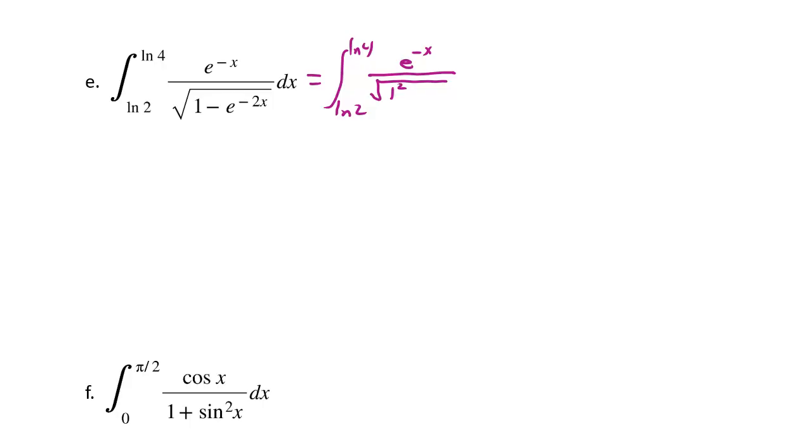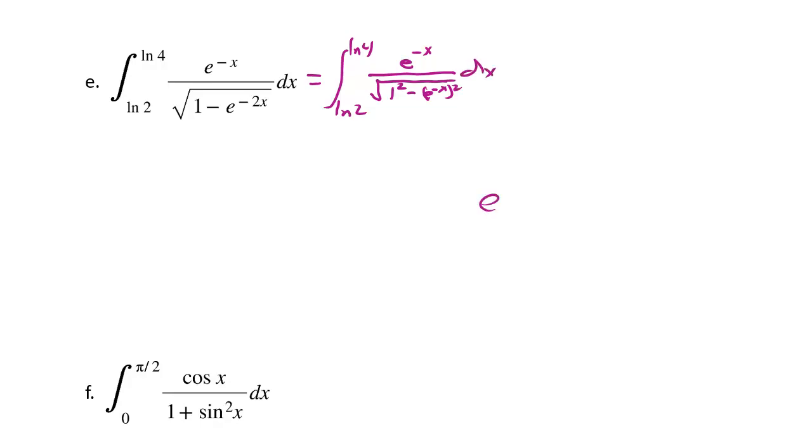I'm going to go ahead and write this as 1 squared minus e to the negative x squared dx.